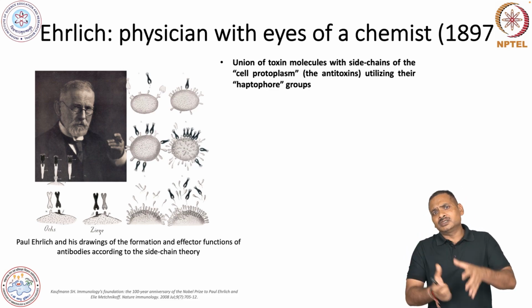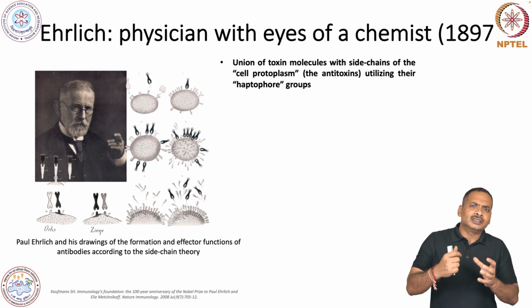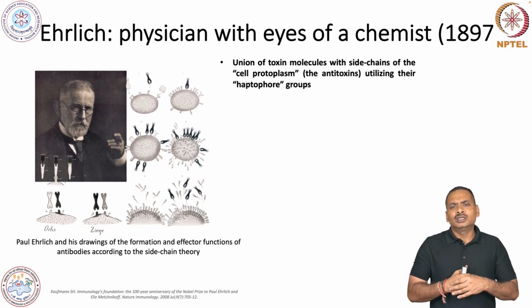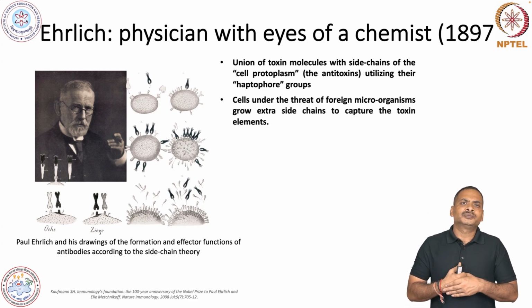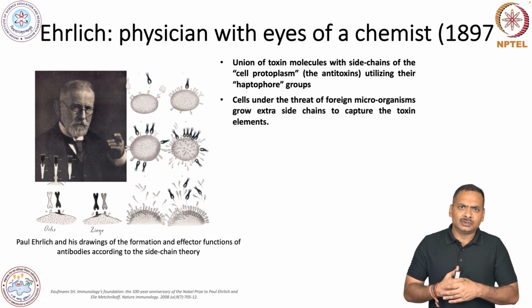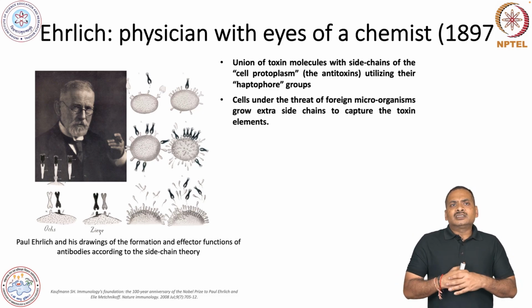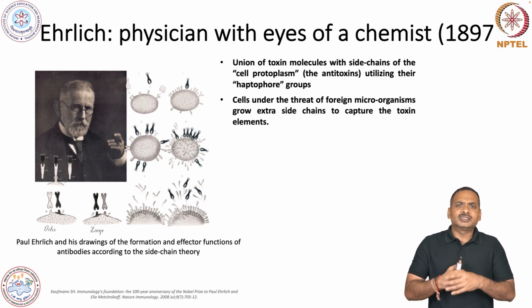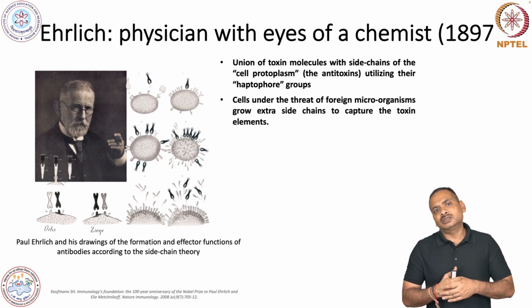So the molecule which is generated over the cell binds with the foreign substance or toxin, he called it a haptophore, and this molecule neutralizes the foreign substance, pathogen or molecule. So the cell, under threat of foreign microorganisms, grows this extra side chain to capture the toxin or the microbe.